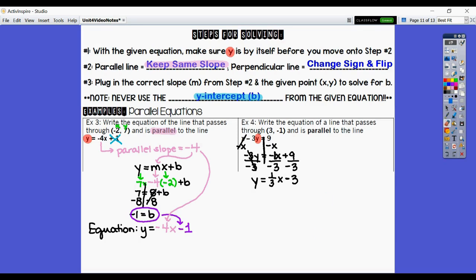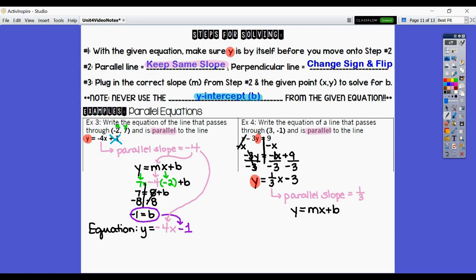From here, now that y is indeed by itself, it is a parallel line I'm looking for, so I will pull a parallel slope. The slope is located in front of x, and to make it parallel, you guessed it, I keep it the same as 1 over 3. That's my slope. I will then plug into y equals mx plus b with the point I was given.